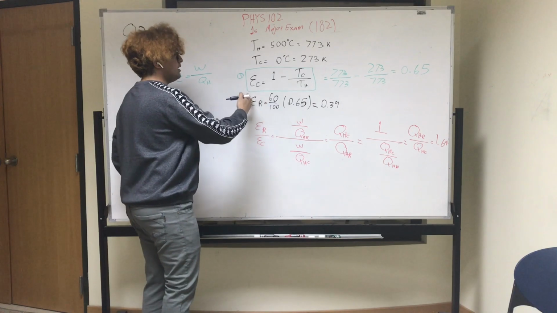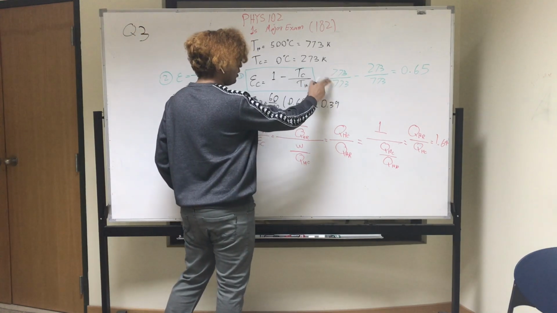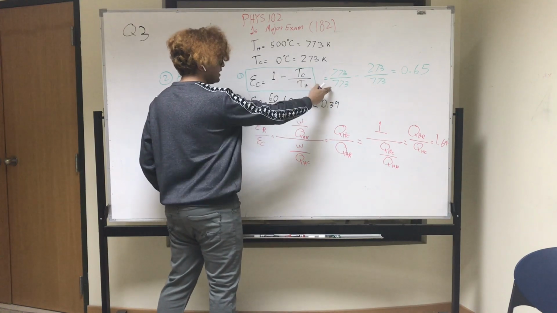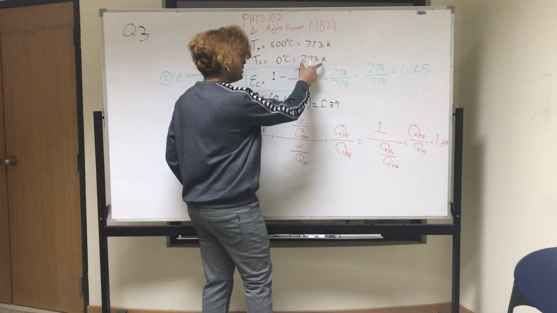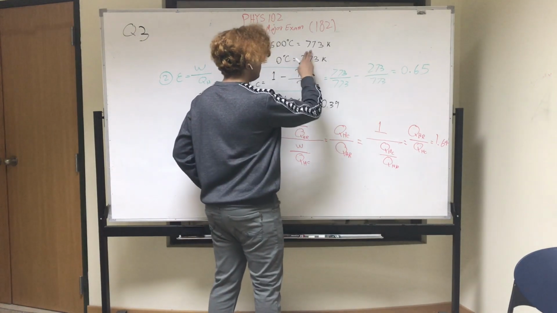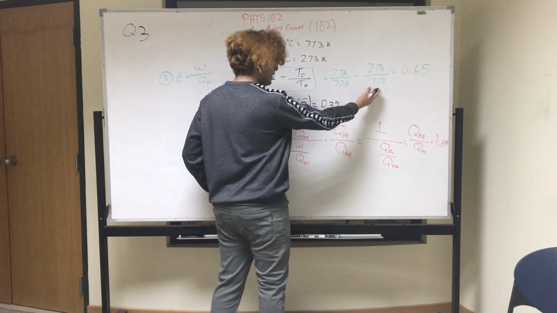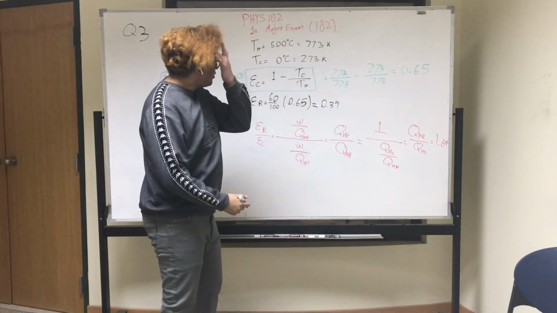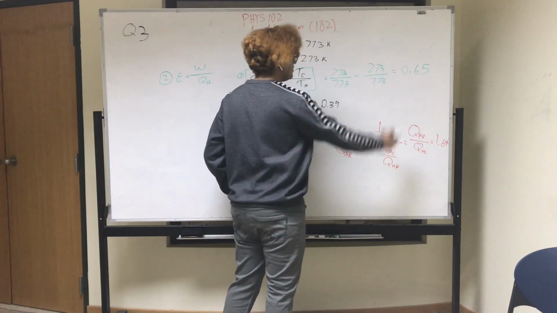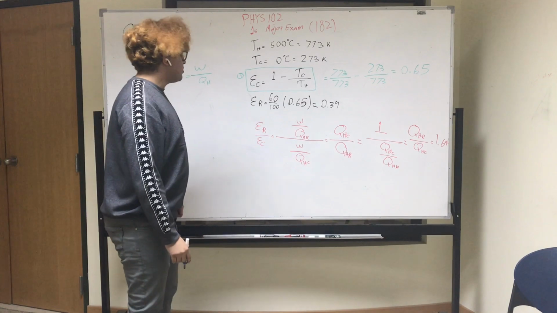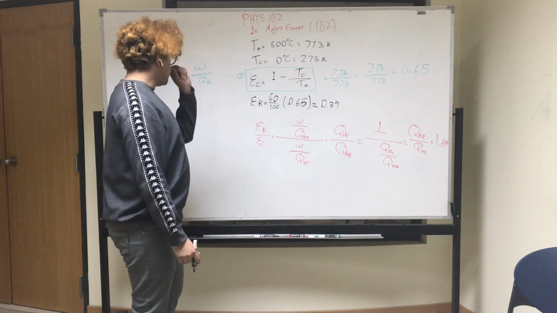So you go ahead and do that. 1 is equal to 773 over 773, okay? This is just another way to write 1. Then you put your cold temperature in the numerator and the hot temperature in the denominator, and then you subtract these two values, and you get 0.65. So now we have calculated the efficiency of the Carnot engine.